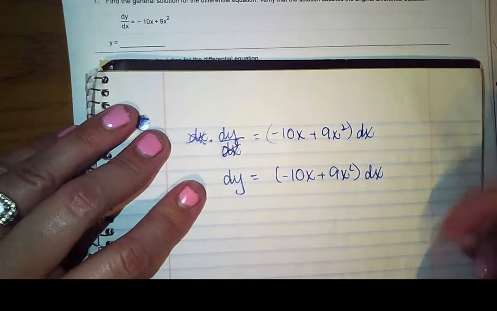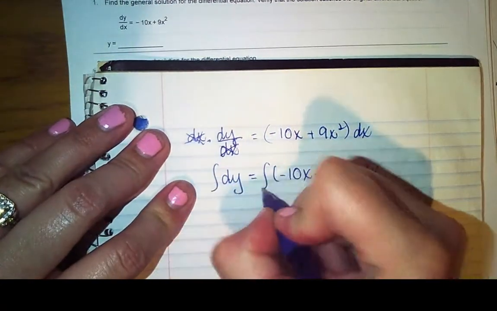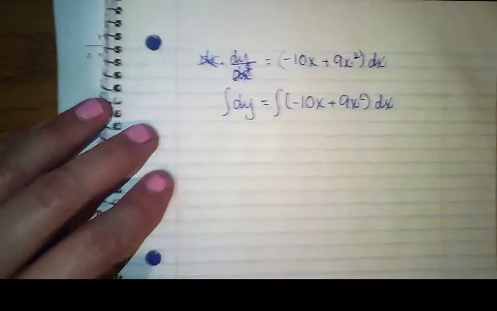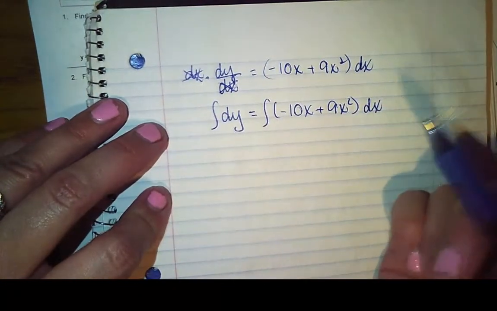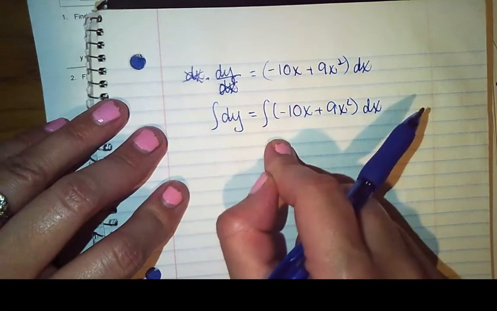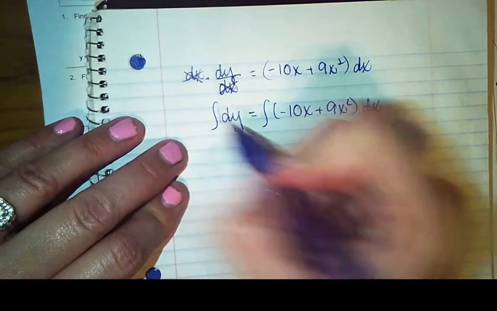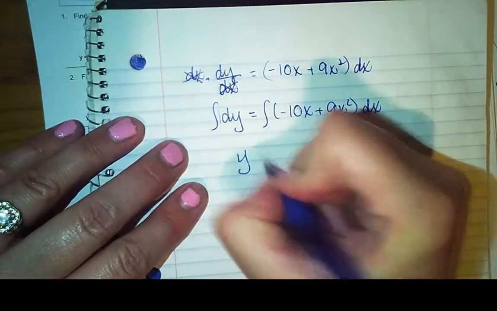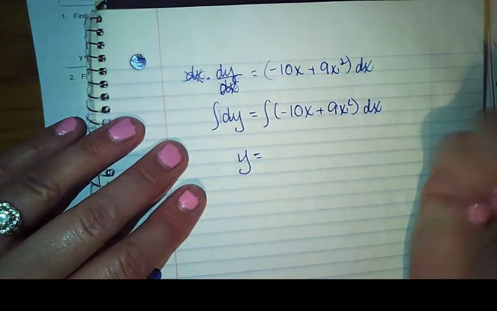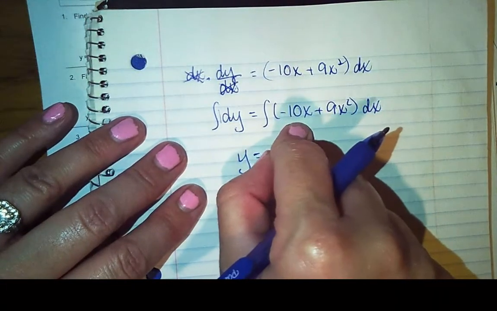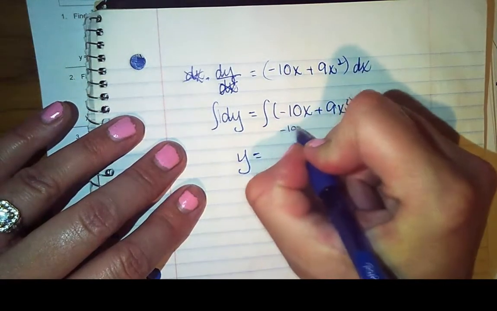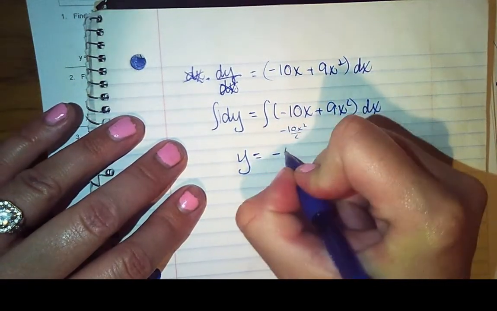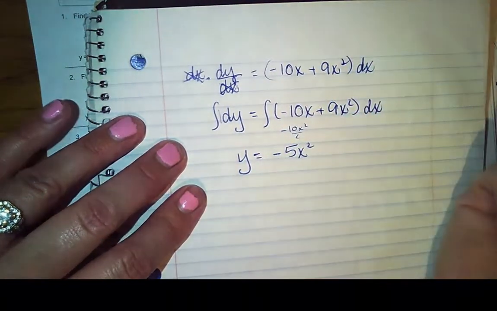Now I integrate both sides. We're still doing basic algebra. If I add 3 to both sides, it's okay as long as I do it to both sides. The integral of 1 dy is y, equals the integral of negative 10x, which is negative 10x squared over 2, so that becomes negative 5x squared.